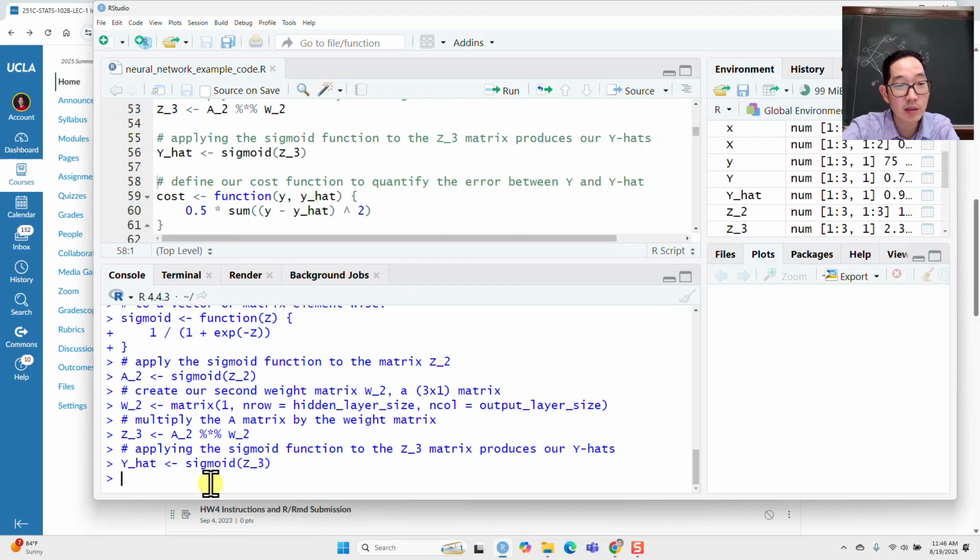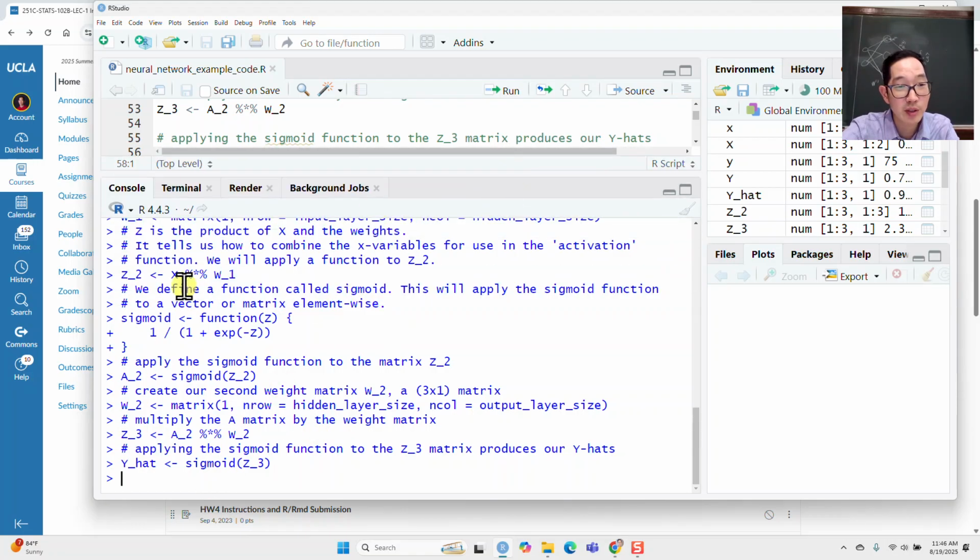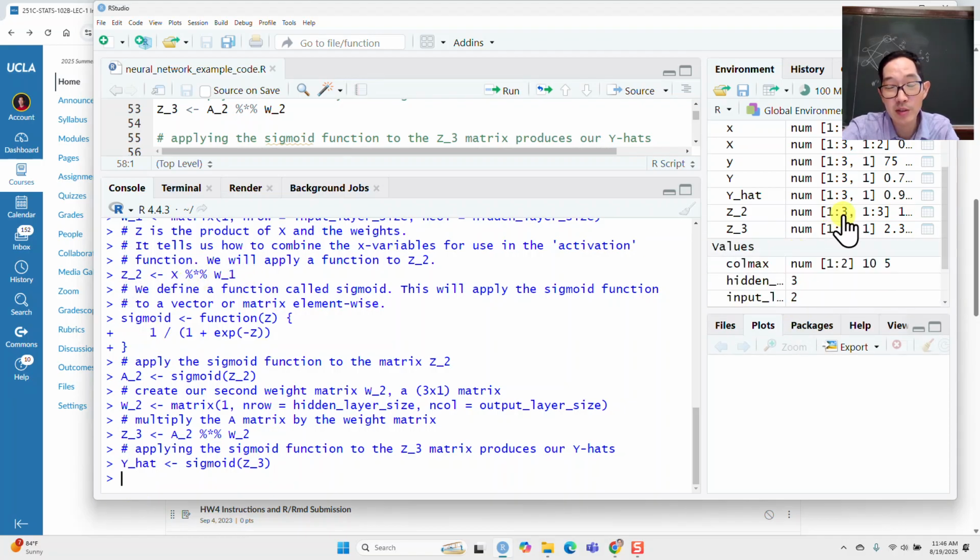Okay, so you can see all I'm doing is just multiplying, right? So X times W1 gives me Z2, and you can see the dimensions. So Z2 is going to be n by 3, and then Z3 is n by 1, and then Y hat is going to be n by 1, 3 rows.